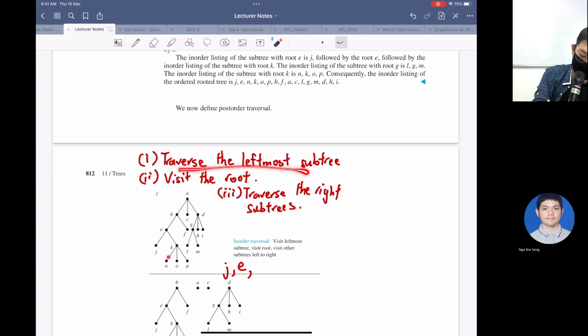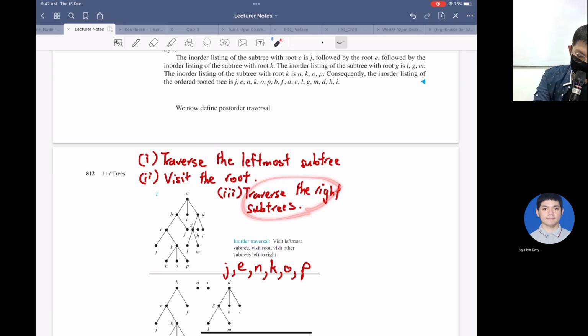So we traverse the leftmost subtree first. And we get N. And then visit the root. And then traverse the right subtree. So we got O and P. So after we traverse the right subtree, what do we do? We traverse the leftmost subtree.